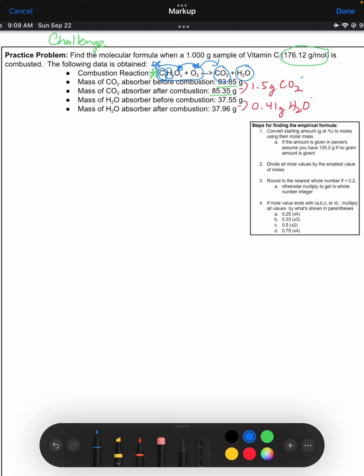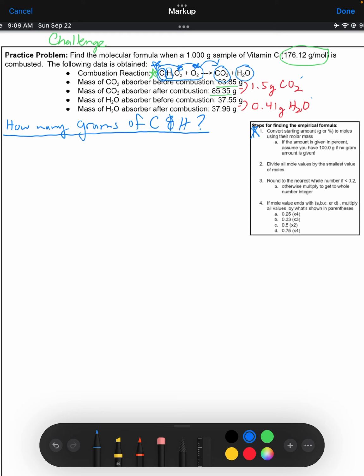So that's what this first step is. How many grams of carbon and hydrogen do I have? So that's the goal of what I'm about to do here. How many grams am I starting with, so that then I can follow this procedure over here?